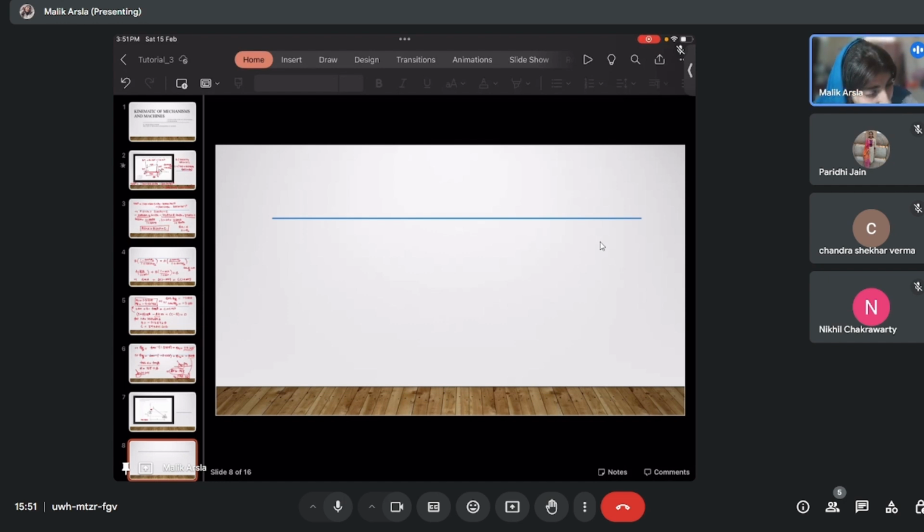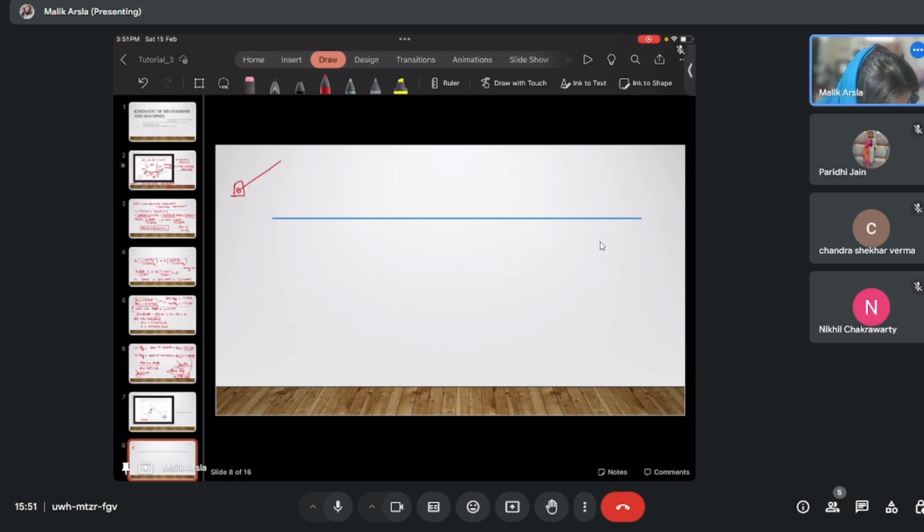So basically, we have been given a configuration similar to that. This is OA. This is a little bit below it, so this is the offset distance.